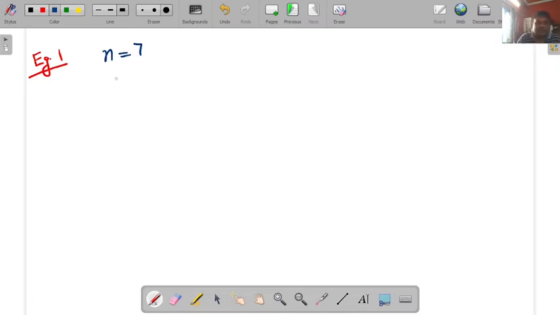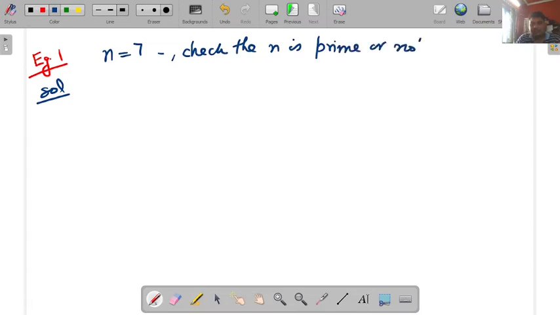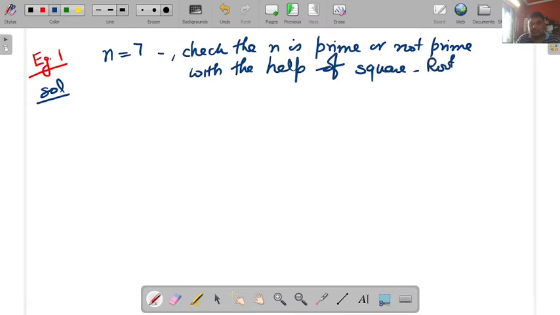So for that, we check whether n is prime or not prime with the help of the square root test.